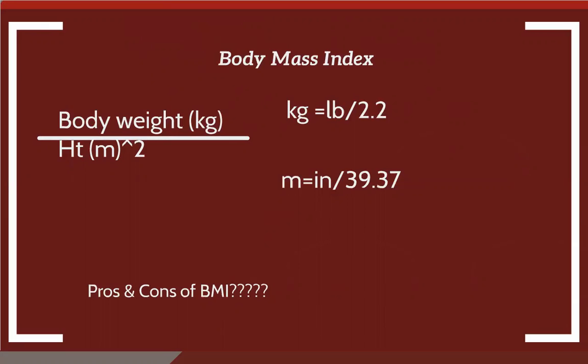BMI usually gets a bad rep because it's not really a good measure of fat mass. It doesn't tell you what percentage of your weight is fat versus muscle, but it has been found to be correlated with disease nonetheless. What that tells us is it doesn't really matter whether your weight is all muscle or all fat or somewhere in between.